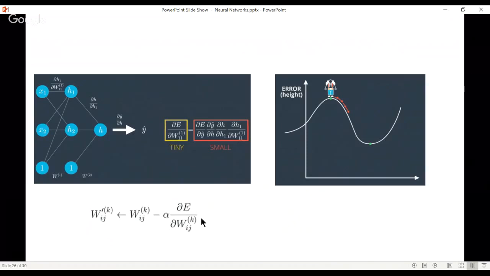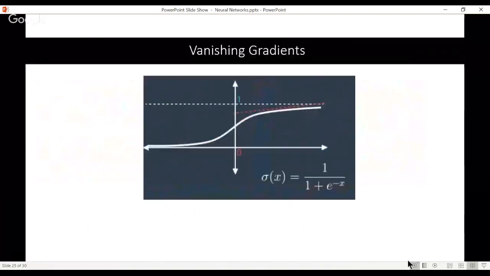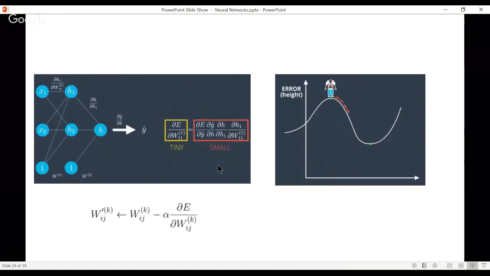And if we are using a sigmoid function, all those derivatives are going to be between 0 and 1. The product of many numbers between 0 and 1 will end up making this gradient very small. Some of them even become very close to 0. So why is this bad? Why is having a small gradient a bad thing?